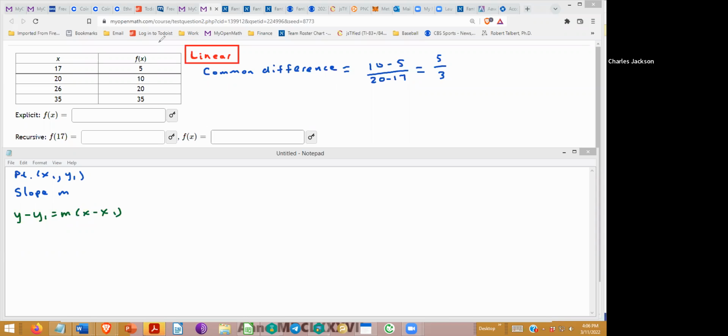But of course, here the slope m, the amount that f of x changes per unit change in x, which we weren't actually given, these aren't changes of 1 here, that's why we had to use the slope formula, is just this 5/3. So this 5/3, that's what m is.